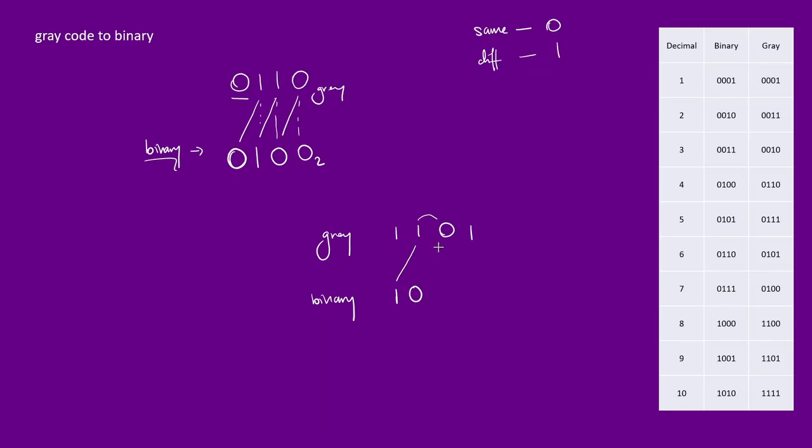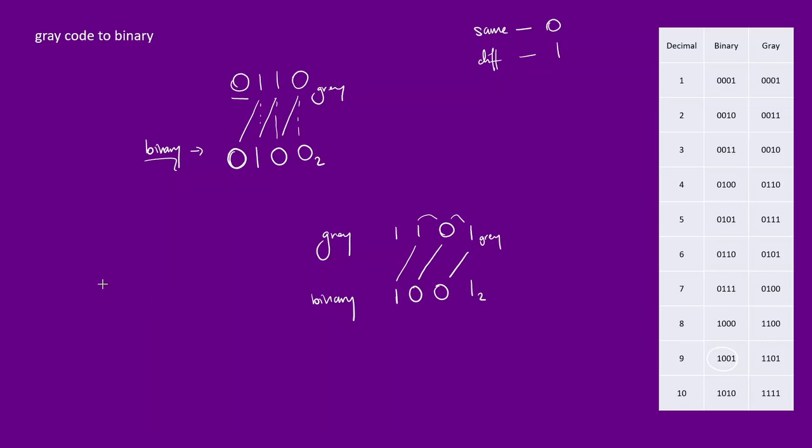Over to the next. 0 XOR 0, those are the same, so we get a 0. Over to the next. 1 XOR 0, those are different, so we get a 1. And you can come over and check, and you see that 1001 in binary is the same as 1101 in gray. Okay, so let's just do one more to confidently get the hang of this.